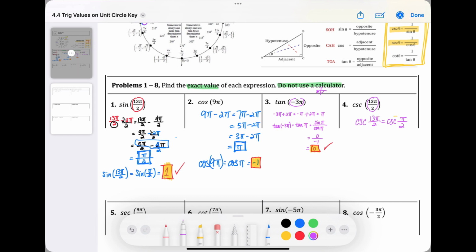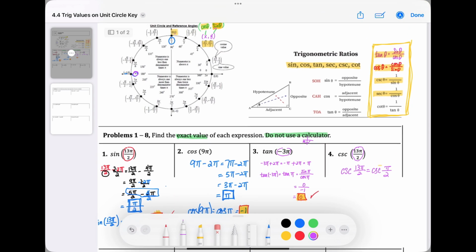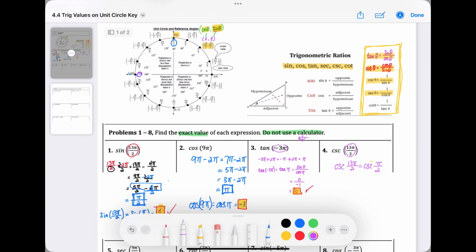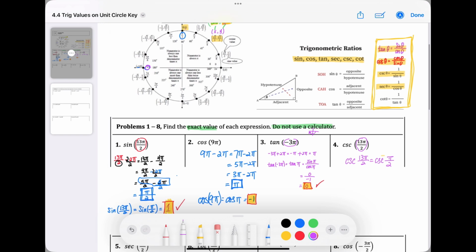I got the final answer, it's pi over 2. But on the unit circle, you do not see cosecant as a parenthesis value, right? What do we know about the cosecant? The cosecant is equal to 1 over sine. So cosecant of pi over 2 is equal to 1 over sine of pi over 2.